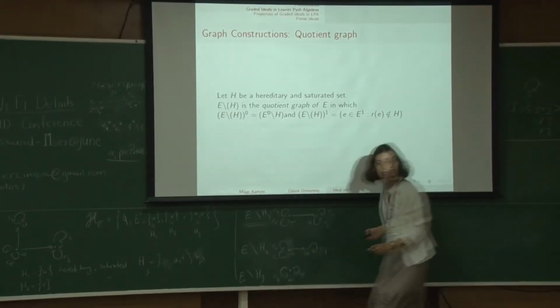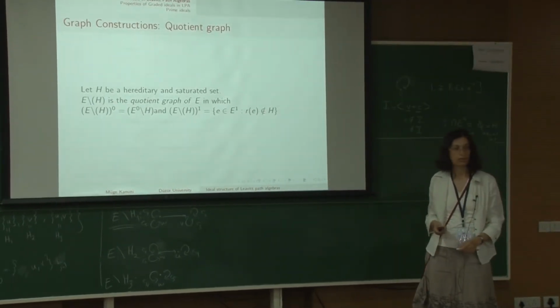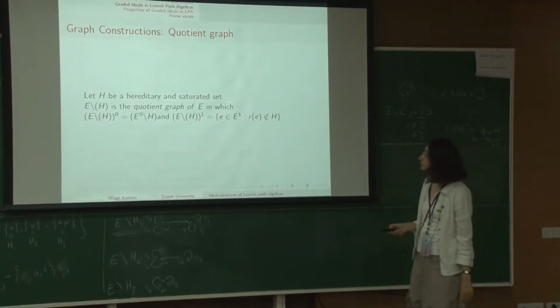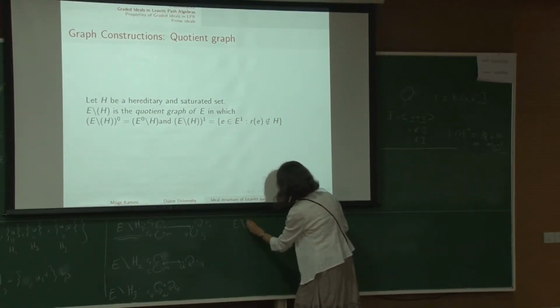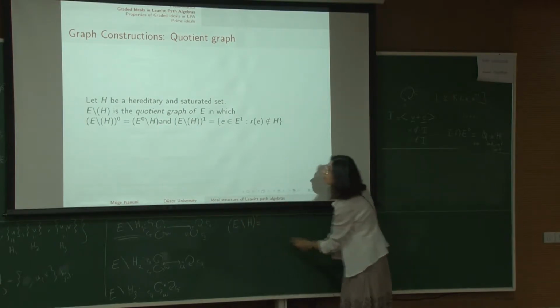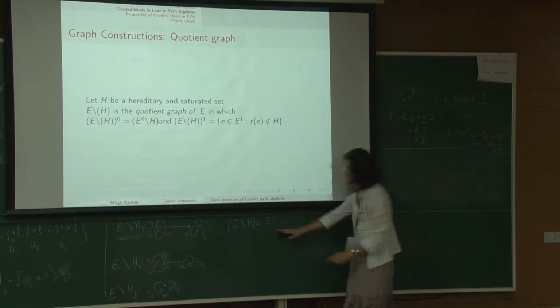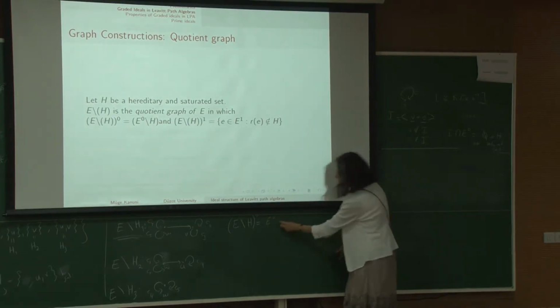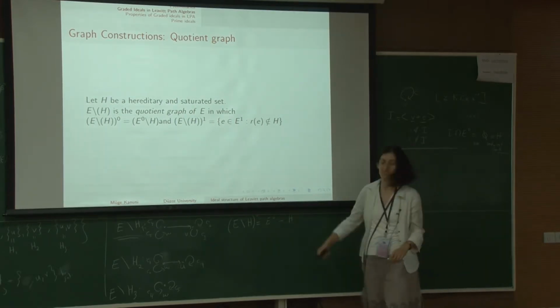A vertex is an element of the vertex set of E which is not in H. There's no group, no action there. You take all the vertices here and then you subtract H. Okay, thank you.